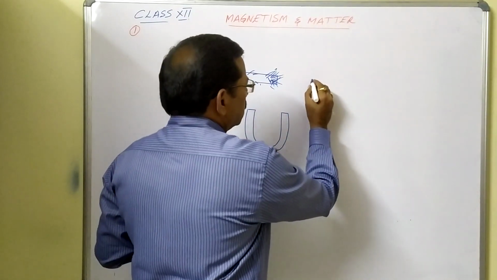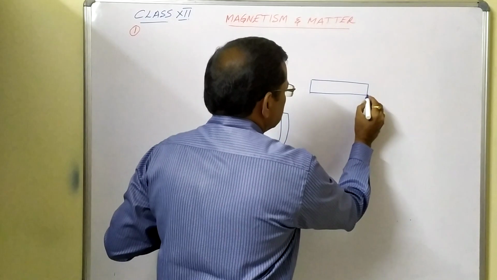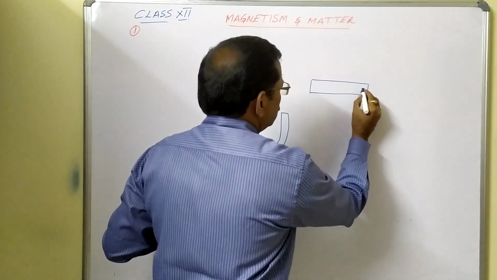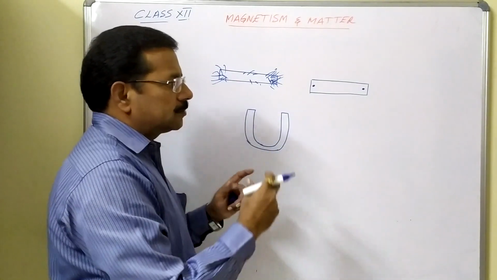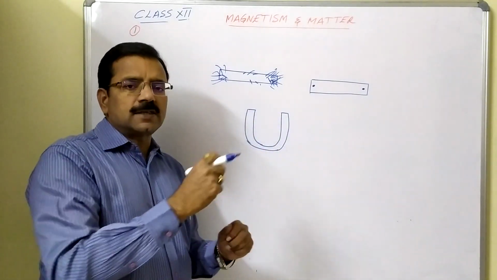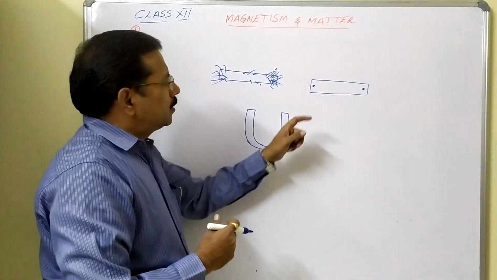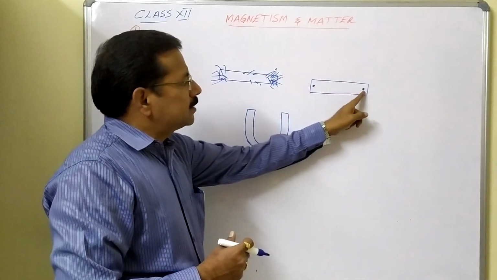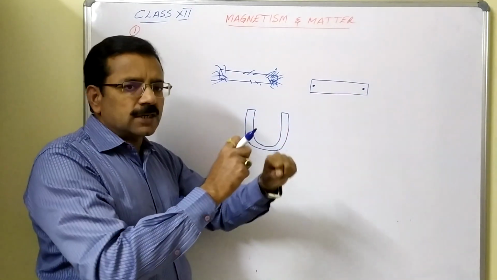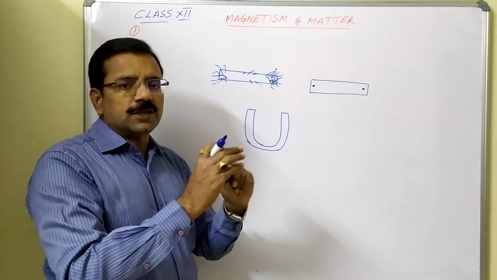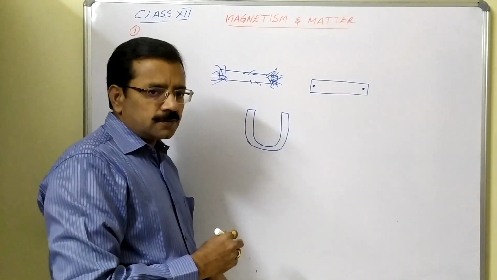These ends are called magnetic poles. We consider two imaginary points inside the magnet nearer the ends where this attractive property is assumed to be concentrated. These are called magnetic poles.